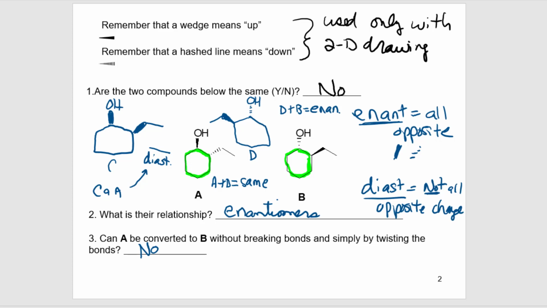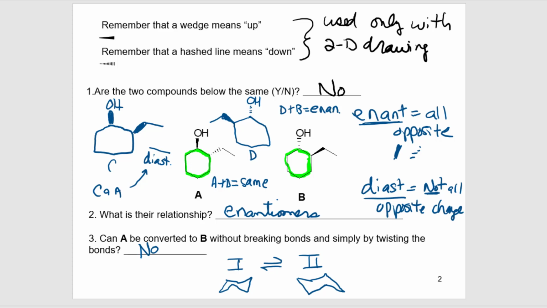The answer is no. If I drew A as a chair in a chair conformation, twisting it to the second conformation, chair 1 in equilibrium with chair 2, excuse the term, chair flip, does not change the stereochemistry. Okay, there is no bond being broken from 1 to 2 in the conformation.